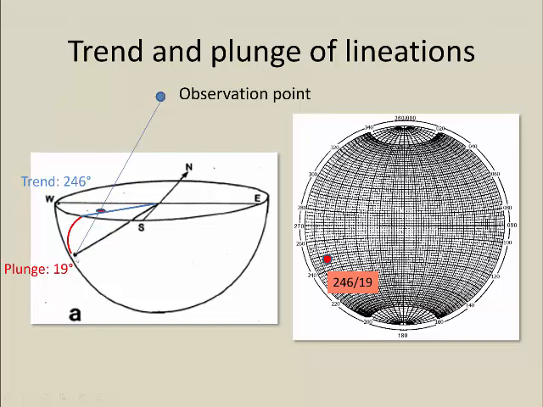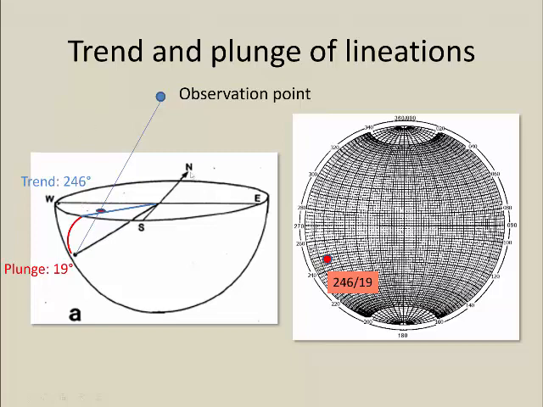The intersection of your lineation with the lower hemisphere, with that bowl, is here. And your Stereonet is on the way from observation to intersection point, and where the observation line hits the Stereonet, that is where the lineation will plot.